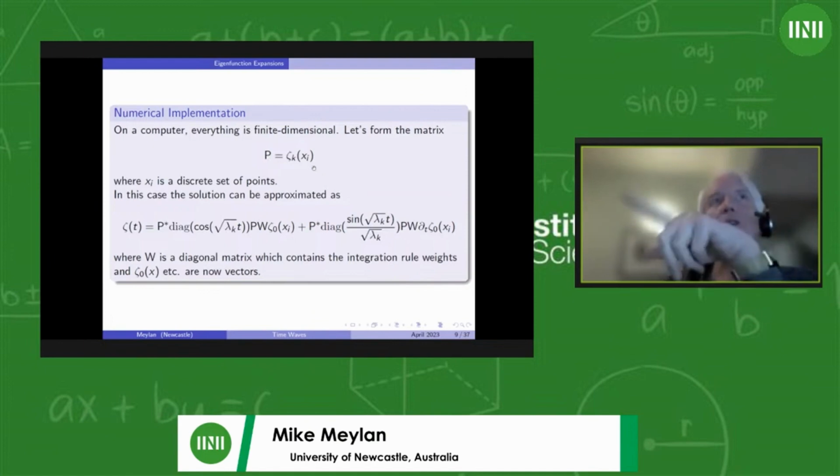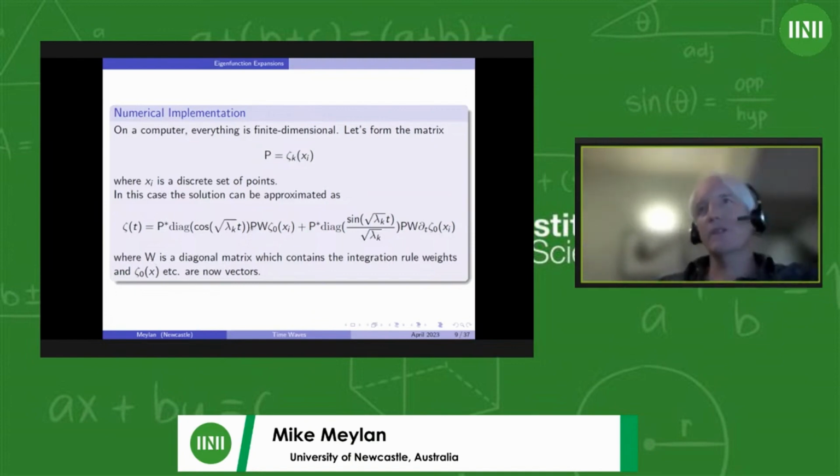So it's almost like the matrix you had before. It has the eigenvectors as the columns, and the rows are the x now. So in this case, when we do that inner product, that's an integration. So how do we integrate a discrete set of points? Well, it's done through some kind of integration rules, like Simpson's rule or something like that. So we get exactly the same structure appearing, except we have to add in a W, which, I've said, is a diagonal matrix.